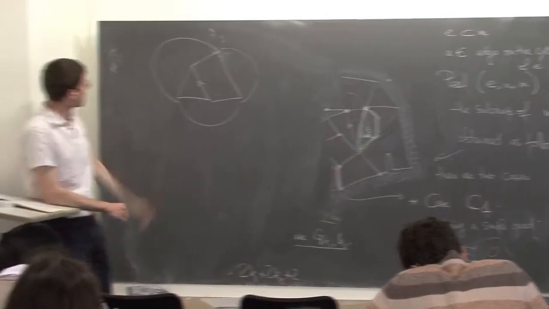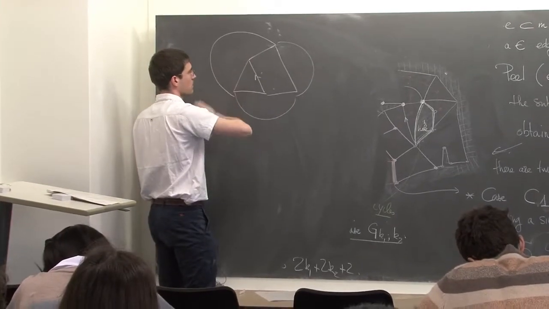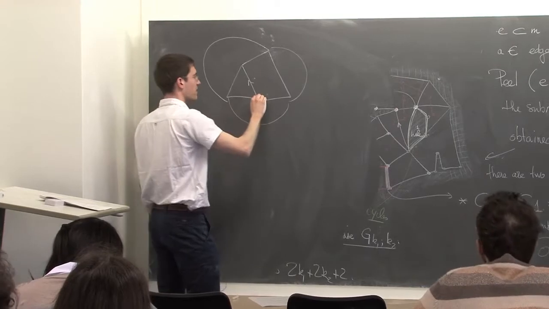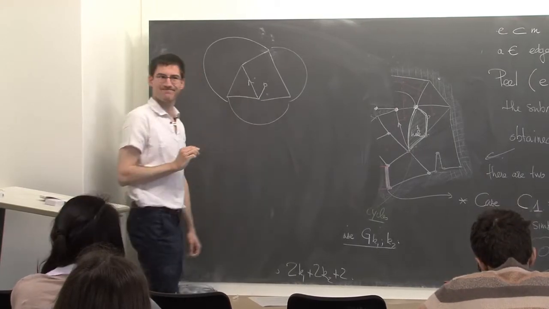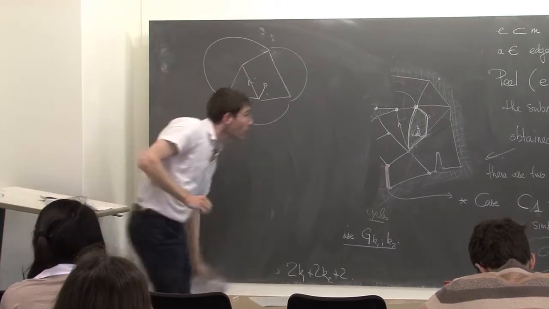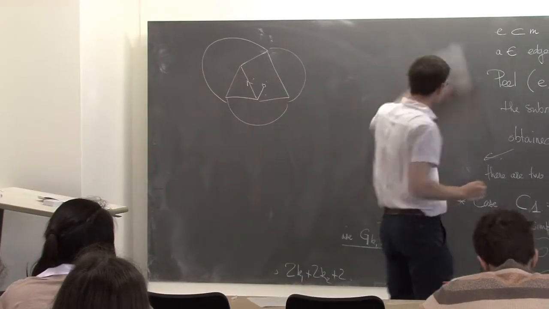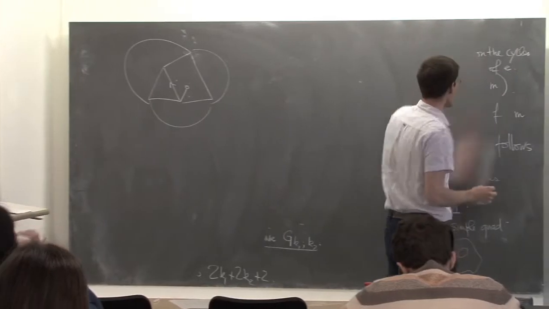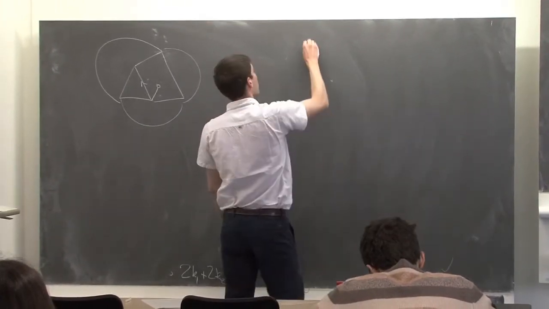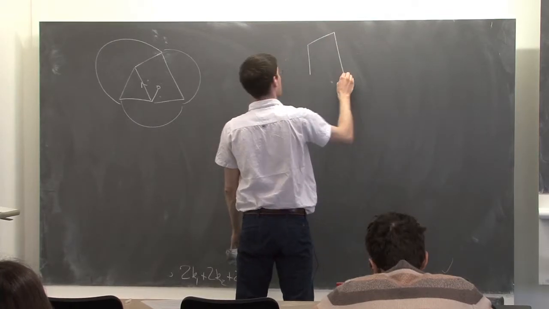Okay, I want to add this, let's say. Let's peel this guy. So you start with E0, which is just the external face that you made simple with a hole. So you start with this guy.